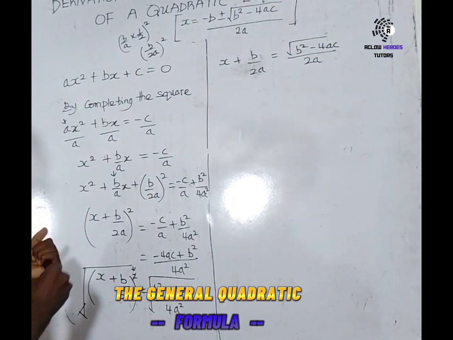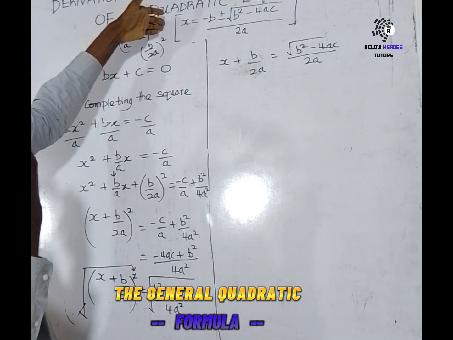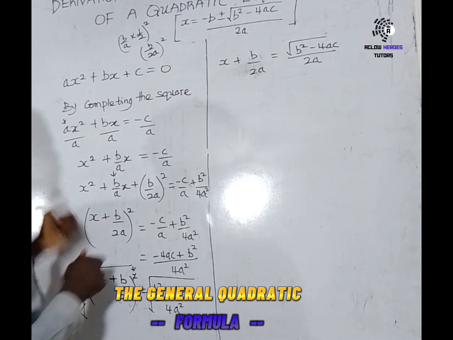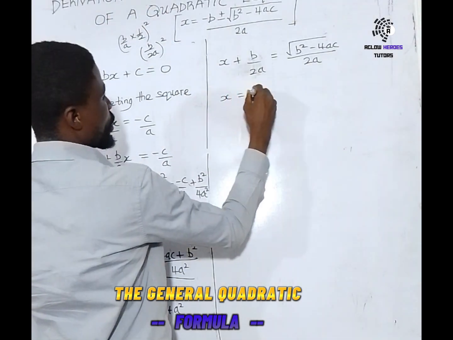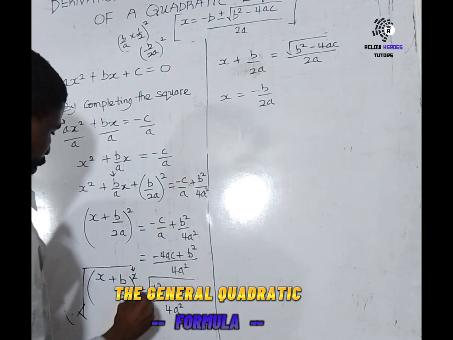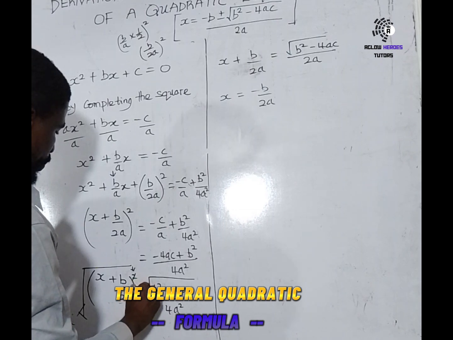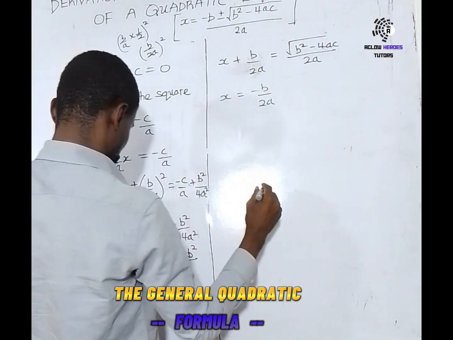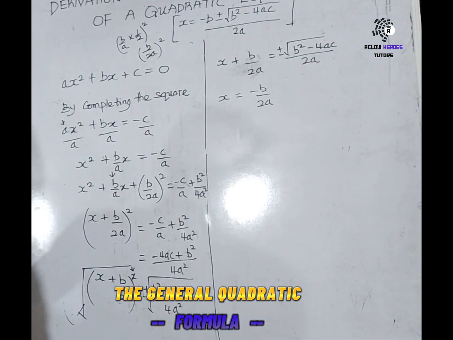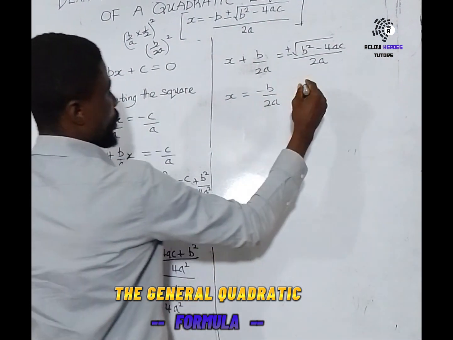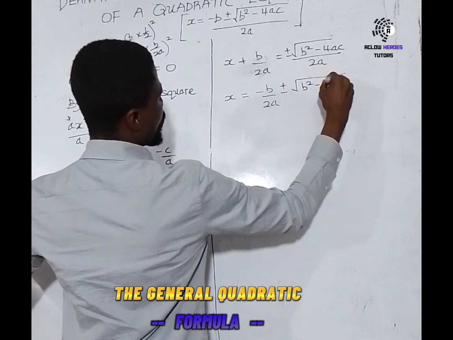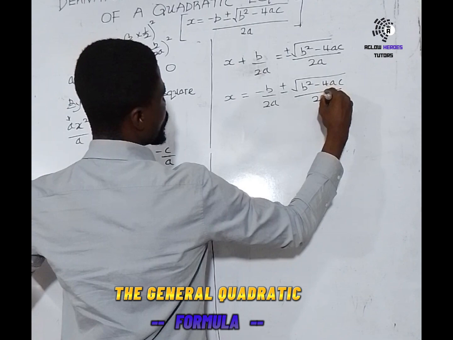Okay, so if you look at our final form of the quadratic equation, the general formula here, you discover that x is the subject. So I'm going to make x the subject, so that x is equal to negative b over 2a. We're supposed to add something here, which is plus or minus. So we now say negative b all over 2a plus or minus the square root of b squared minus 4ac all over 2a.